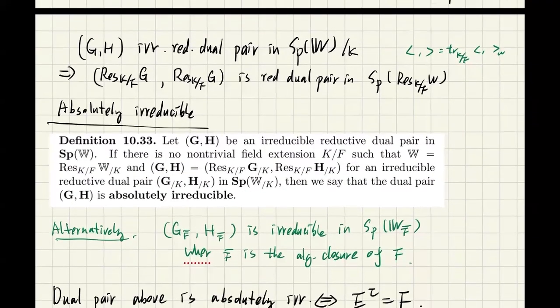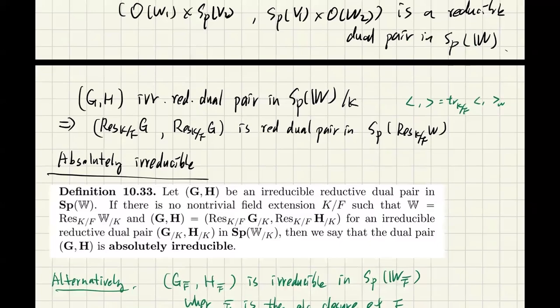So for the irreducible dual pairs, we also have a notion called absolutely irreducible dual pair. Here is the situation that for an algebraic group, instead of extension of scalars, you also have a restriction of scalars. For example, you can view a complex group as a real group. You can have a group defined over F9, say, and view it as a group defined over F3.